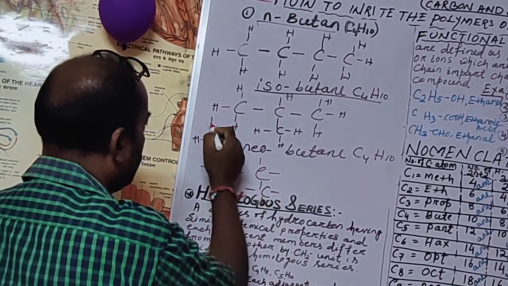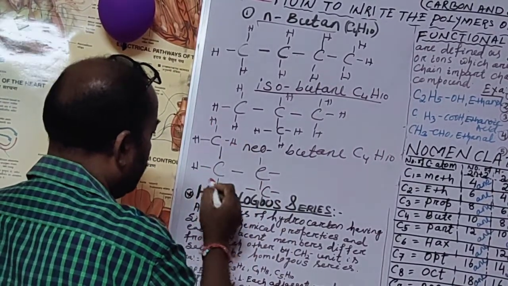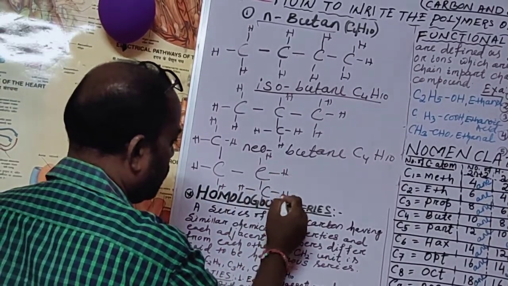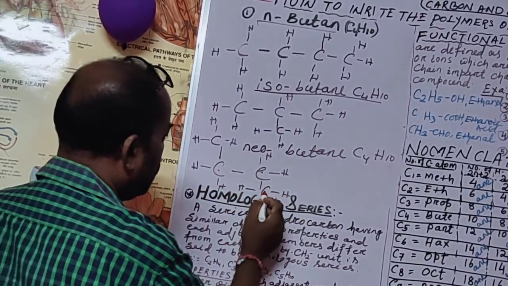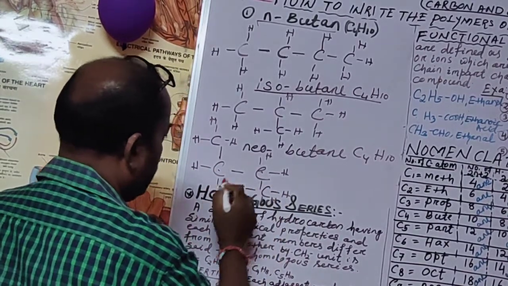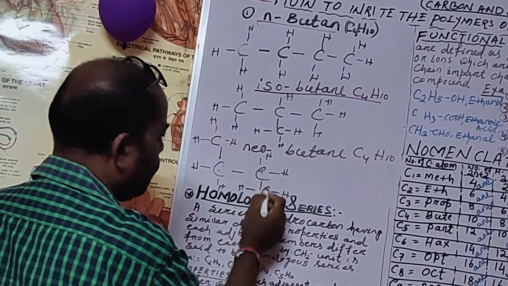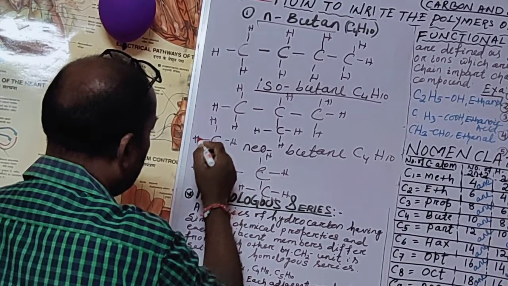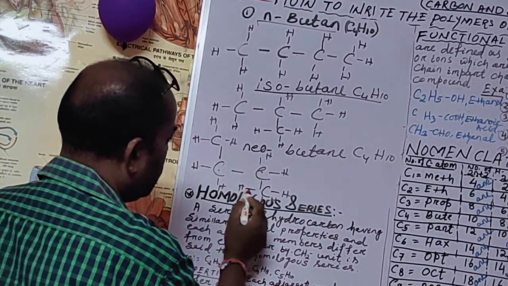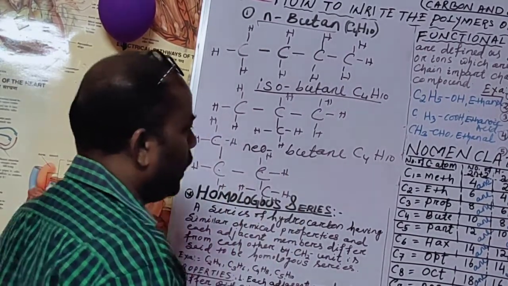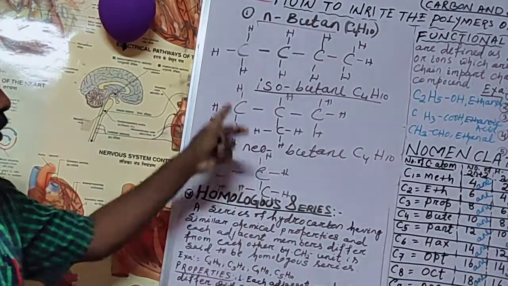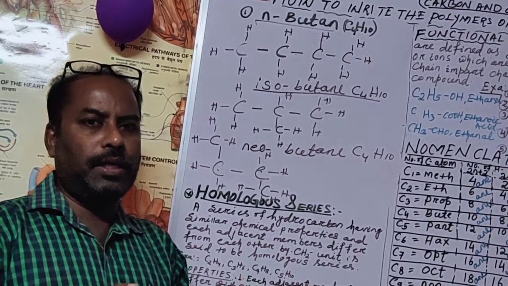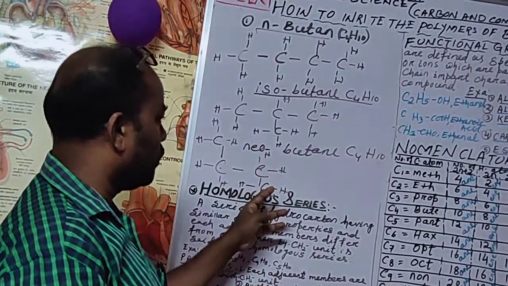Everywhere you put the hydrogen. Then you count: 4 carbons are there, C4, and hydrogens 10. C4H10, but a different structure. So butane, which is C4H10, can be written in different structures.